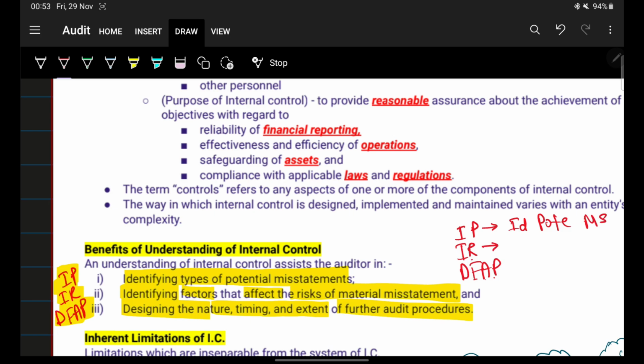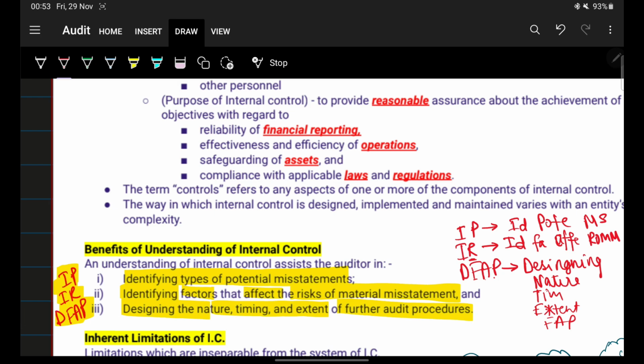Next, R is R for risk, identifying factors affecting risk of material misstatement. Next, this is designing the nature, timing, and extent of further audit procedures.